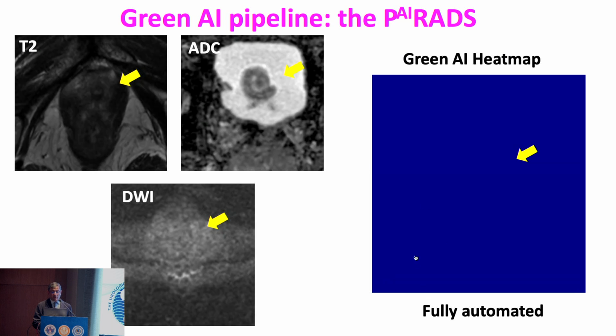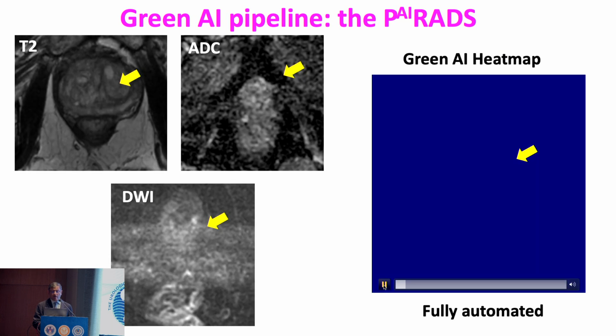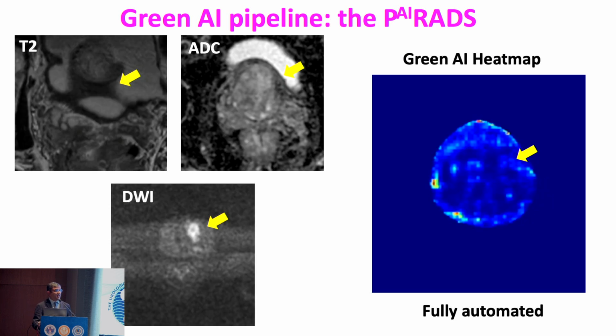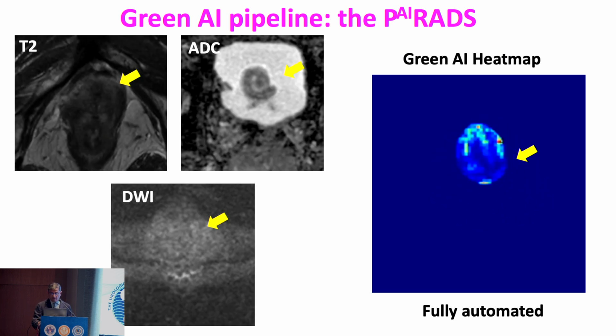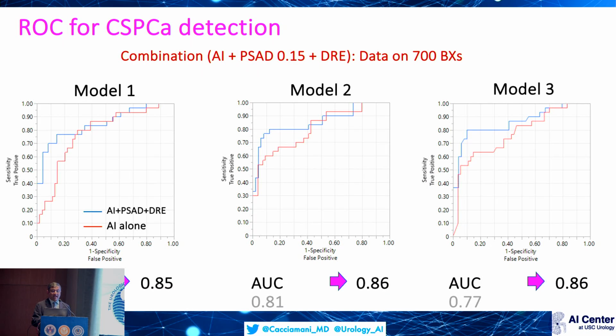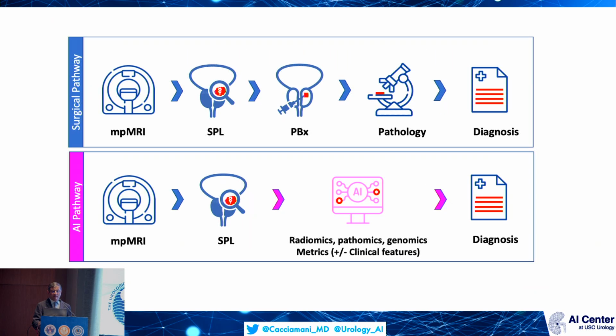And this is completely automated. Nobody has to do anything here, and you can get a complete composite heat map of the prostate that inputs all information from the MRI. So this is something that is really exciting. And then as you add again models 1, 2, and 3 and keep the learning process going, your area under the curve improves.